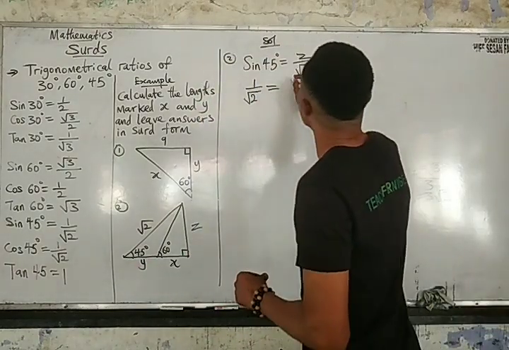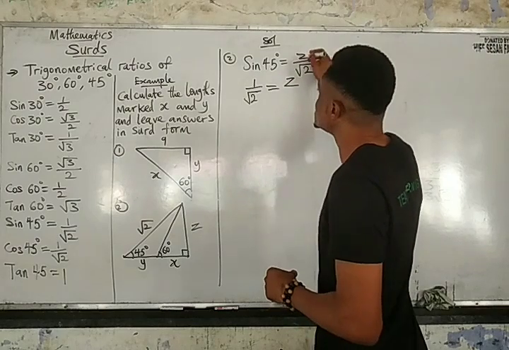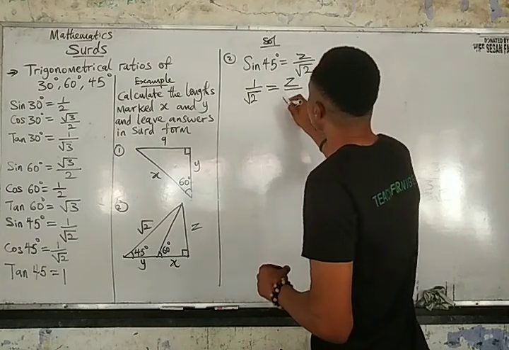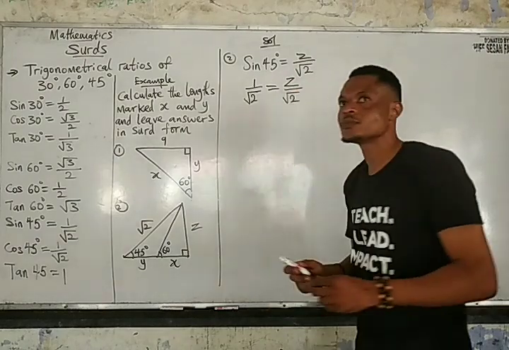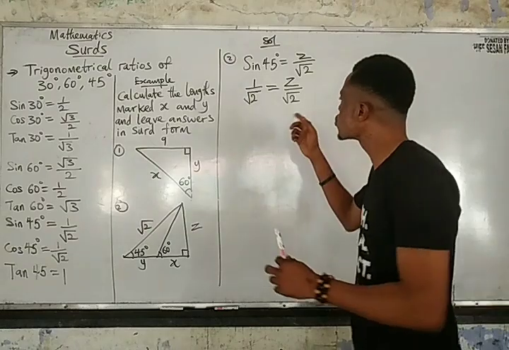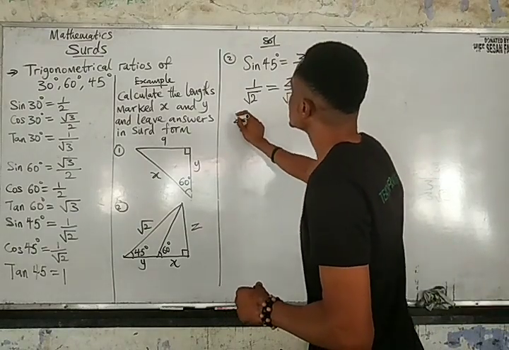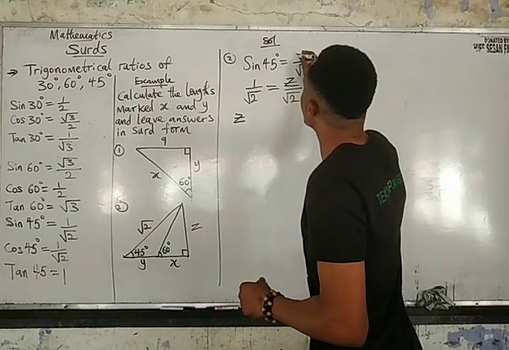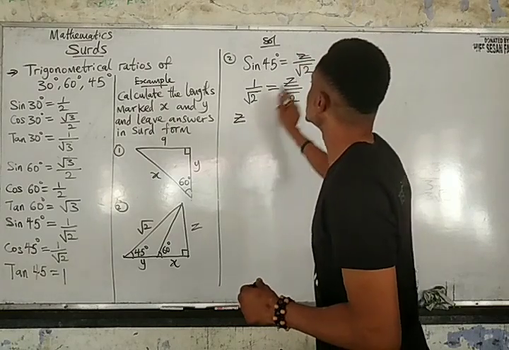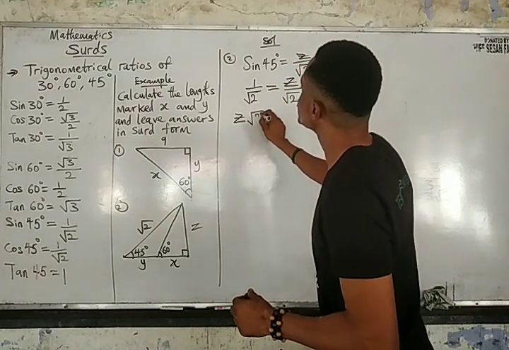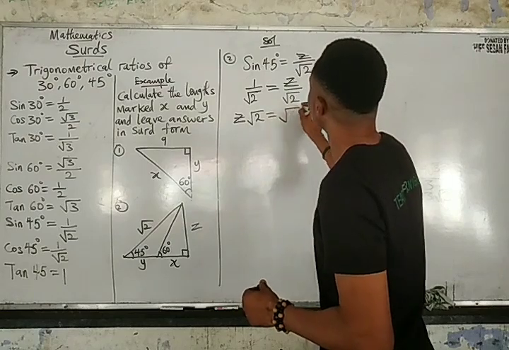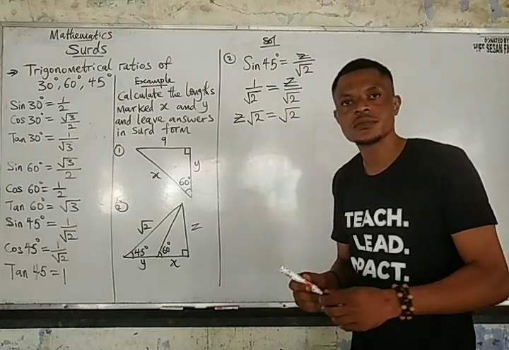Then everything all over, don't get it wrong, this is Z all over root 2. So by the time you cross multiply this, you have Z root 2 equal to root 2.